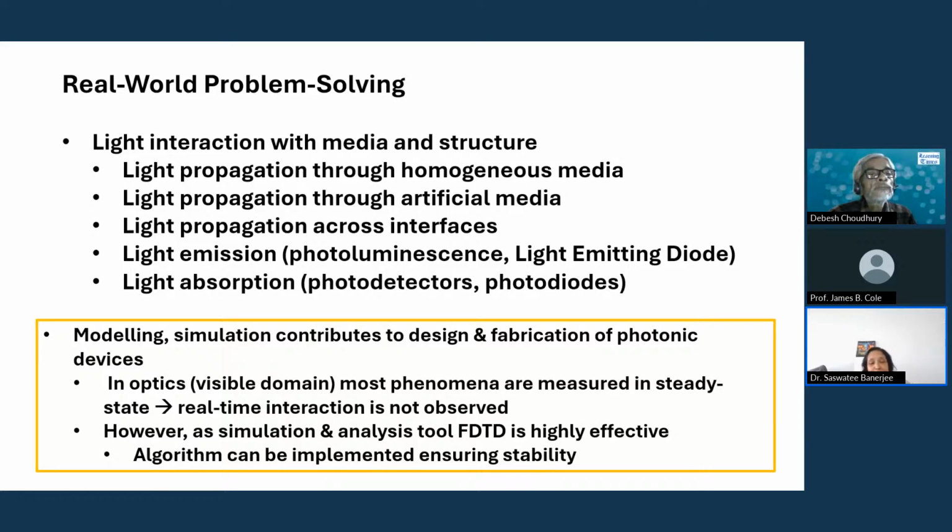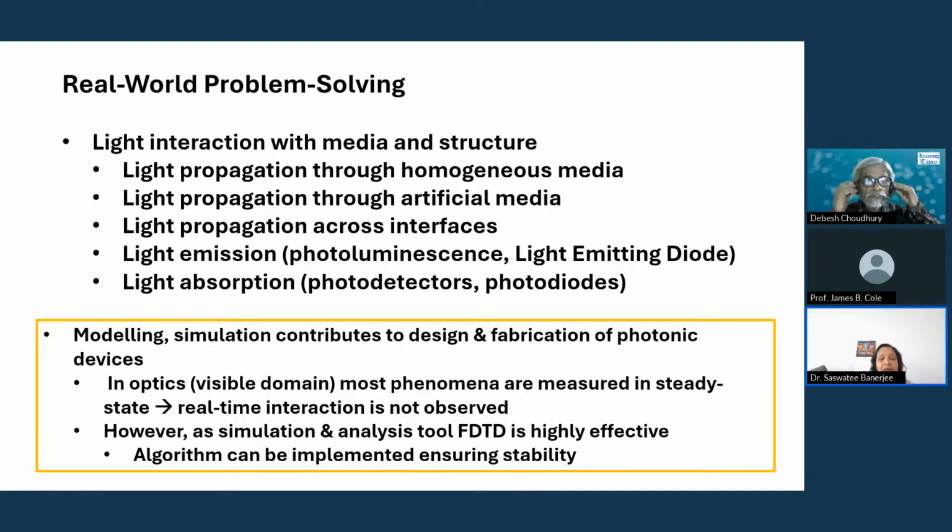And photoluminescence is another thing. It's very commonly used for characterization techniques. And then there is another thing that happens, that is light absorption. This is just the reverse of what you are seeing in light emitting devices. Here light is coming in and is absorbed in photodetectors or photodiodes, basically.